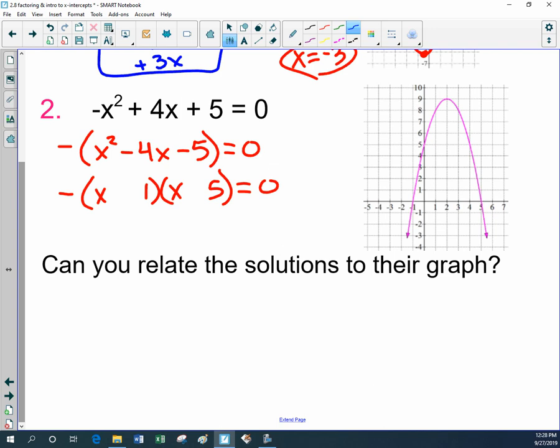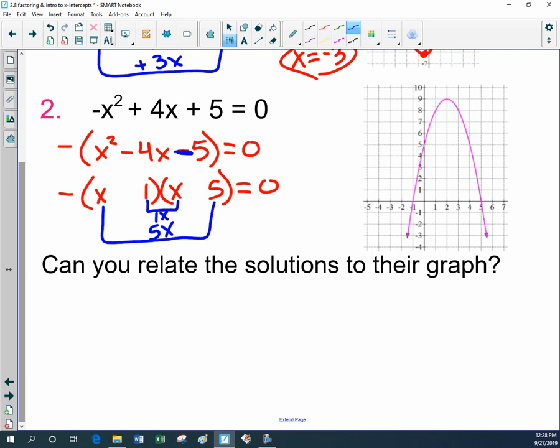Okay, and again, this is negative, so the signs are opposite. One's going to be positive, one's going to be negative. We don't know the signs yet until we do this step right here. So let's see what we get. So we have 1x and 5x.